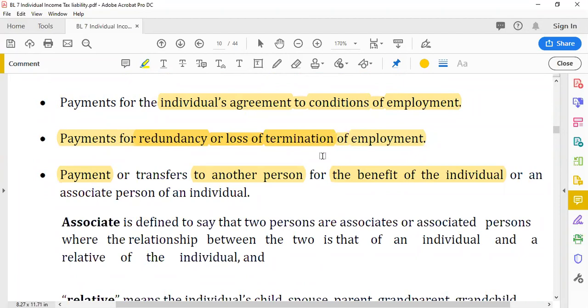For example, you are an employee of XYZ company. Your child studies in an international school, and for that school you have to pay monthly 15,000 as school fees. On behalf of you, the company pays that school fee to the school.